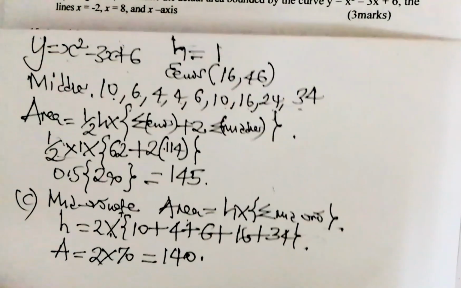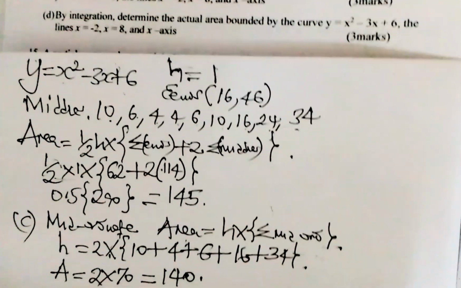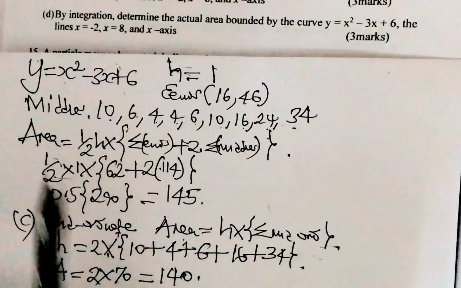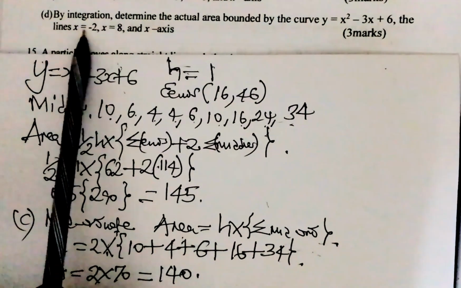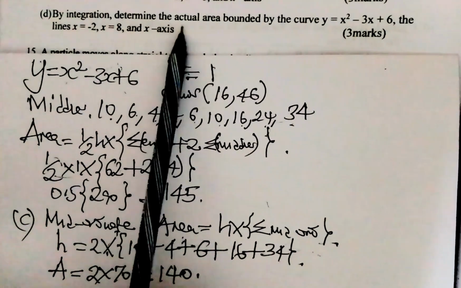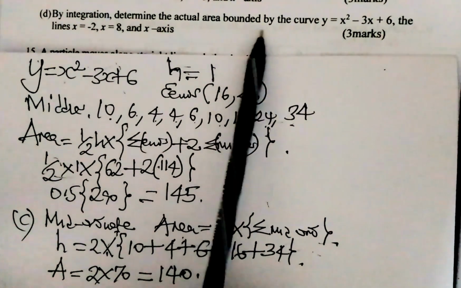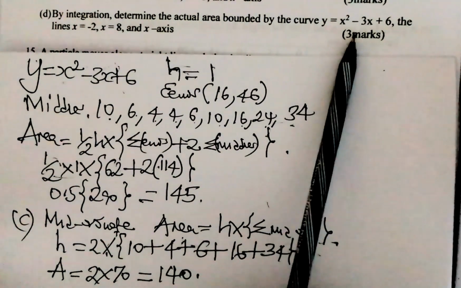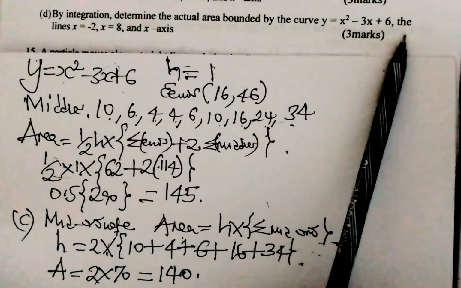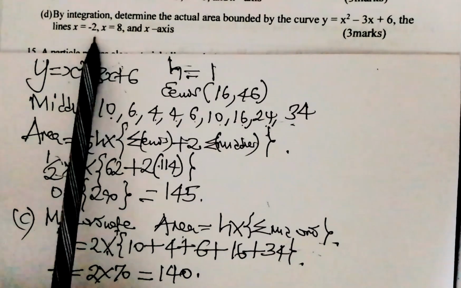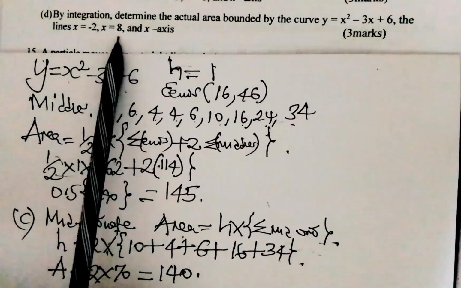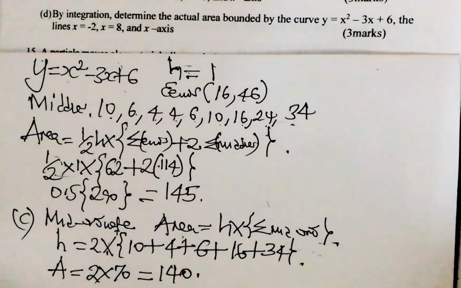Finally, you now want to find the area using integration. In the last part, you are told, or by integration, determine the actual area bounded by the curve y equals x squared minus 3x plus 6, the lines x equals -2, x equals 8, and the x-axis.